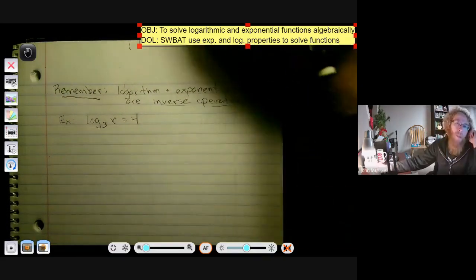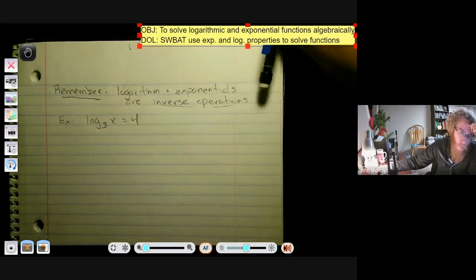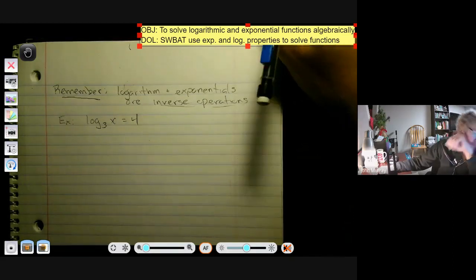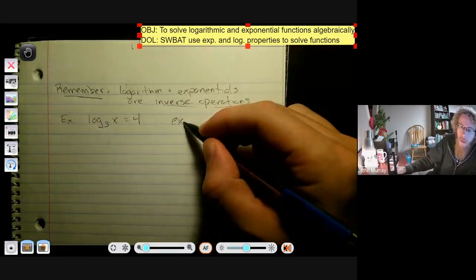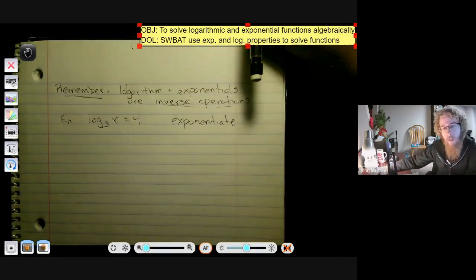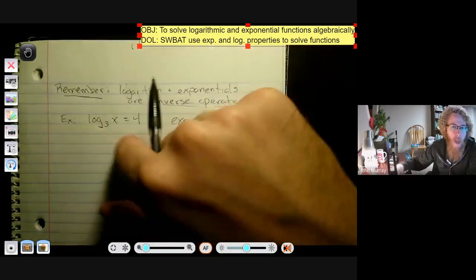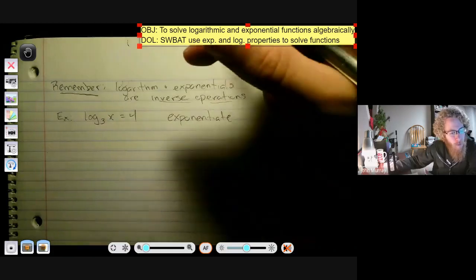All right, so if I have something with log base 3 of x equals 4, this may seem kind of out there because we haven't seen something like this before. But what we're going to do here is something called exponentiate. Exponentiating makes what we have as our equation already the exponents.